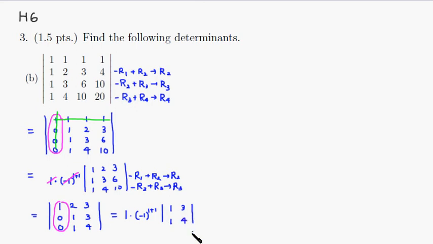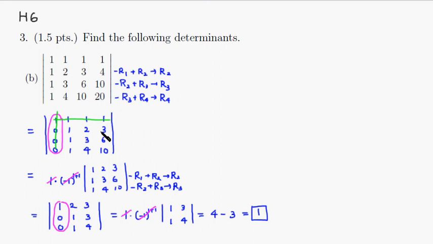You can see this is just going to be 1, so I'll scratch that out. This is 2 by 2, so you have AD, which is 4, minus BC, 3, which is just 1. So that's the determinant of this matrix.